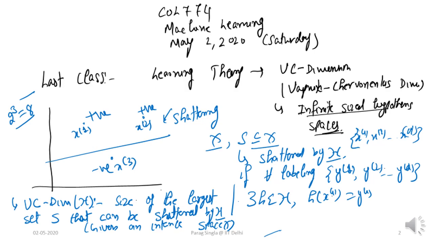Let's take this specific example. I should also mention that in the last class, there was a slight mistake on one of the slides, in this 2D example where we had 3 points. I might have said the number of labelings is 2 to the 8, but it's actually 2 to the 3. So there are 8 possible combinations of positives and negatives which can be assigned to these 3 points, and the question is, for each of these possible labelings, is there a hypothesis, for example in the linear hypothesis class in 2D, which can achieve this labeling?